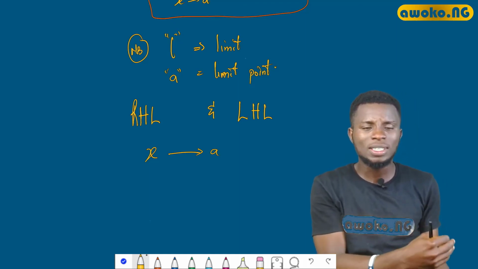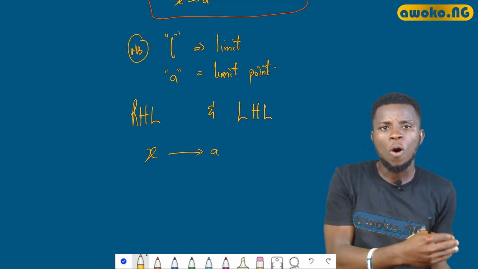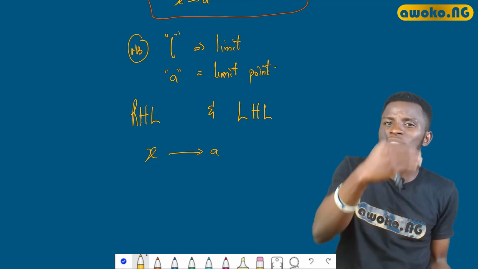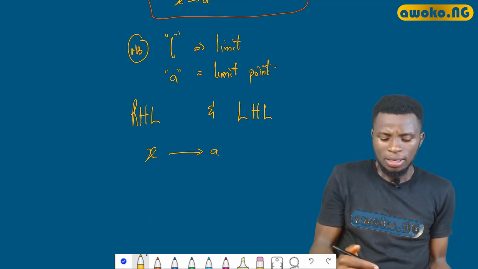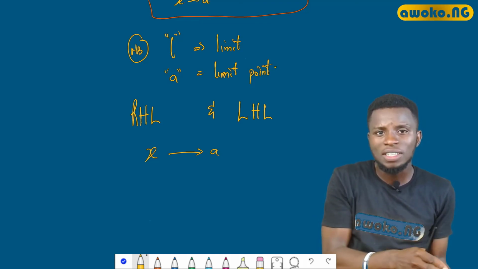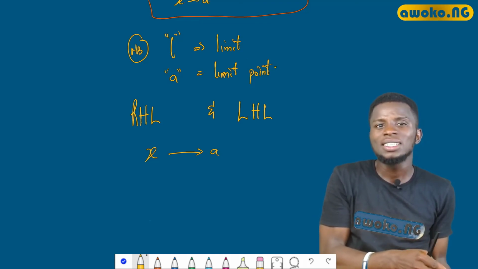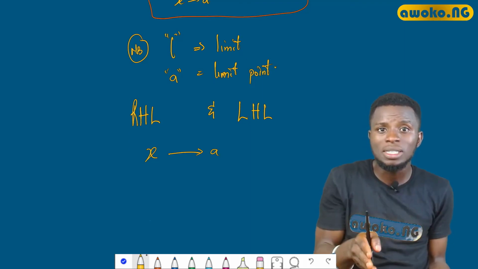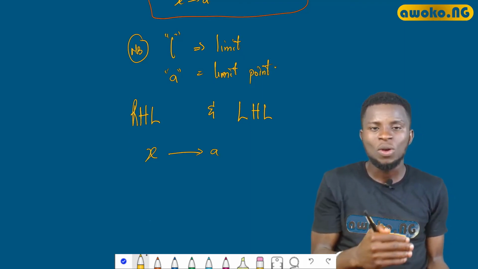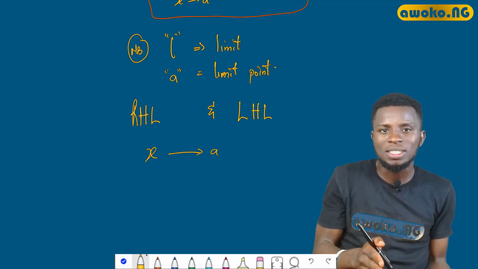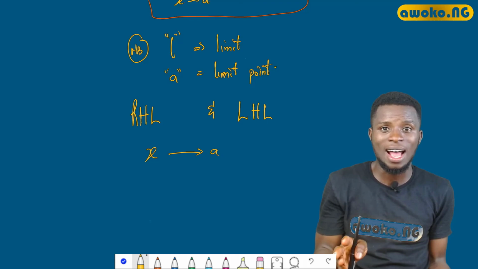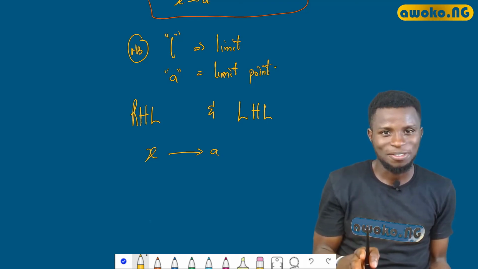When we want to consider the direction of approach of the independent variable as it tends to another number, let's say a, then we consider both the left hand limit and the right hand limit. The right hand limit approaches from the right, while the left hand limit approaches from the left. It's as simple as that.